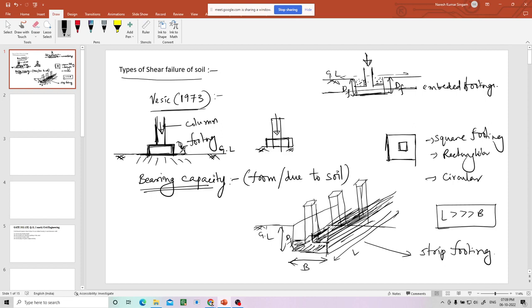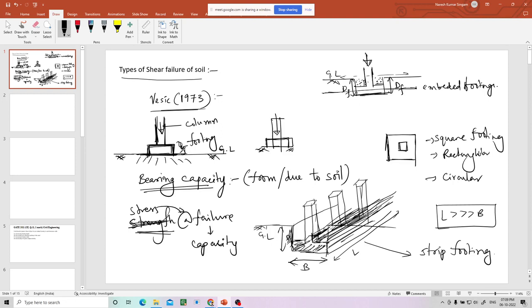Now these footings have some capacity to take the load from the structure, and that capacity depends on the soil not failing. The capacity is the stress at failure, not strength at failure.